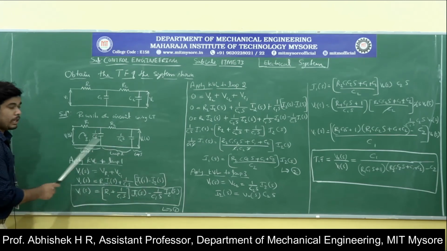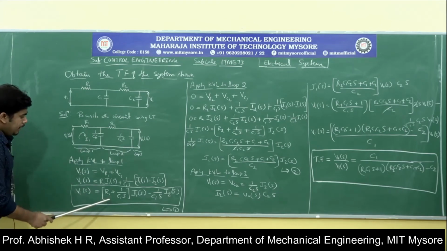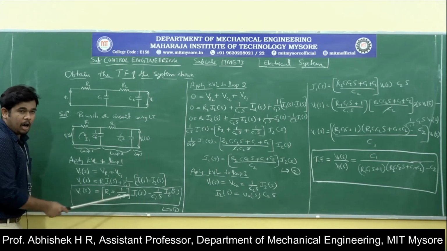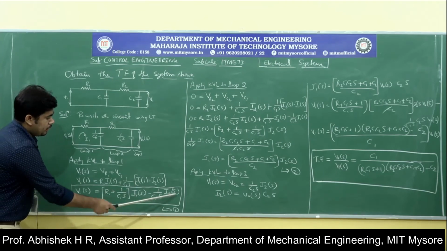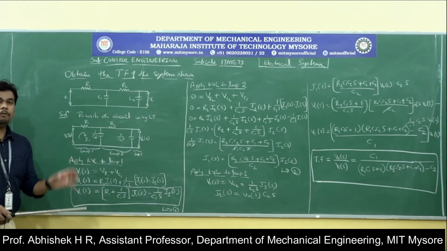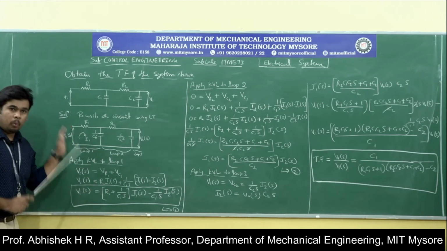Because we have two currents here, I1 and I2. So finally it becomes R1 plus 1 by C1 into S, into I1 of S, since I1 of S is a common factor, minus 1 by C1S into I2 of S. I have just applied Kirchhoff's voltage law to loop 1.